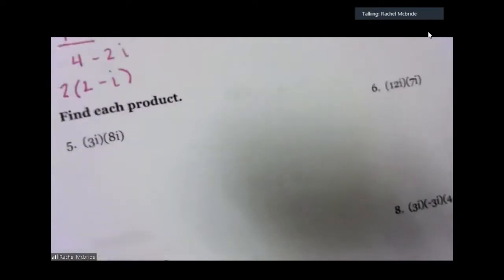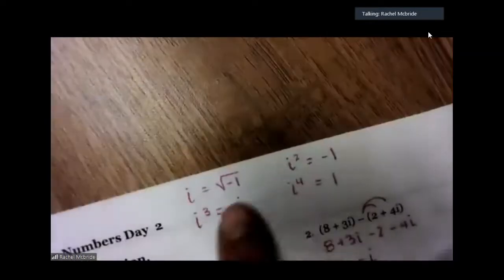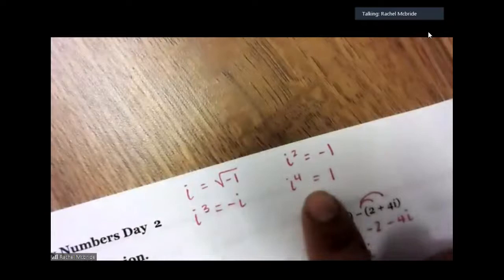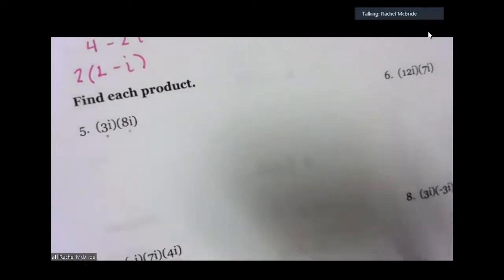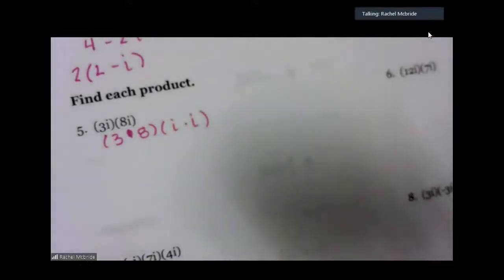Okay, number 5. This is why I had us review our powers of i, because in number 5, 3i times 8i, well, that's the same as 3 times 8 and i times i. So what's 3 times 8? 24. And i times i?